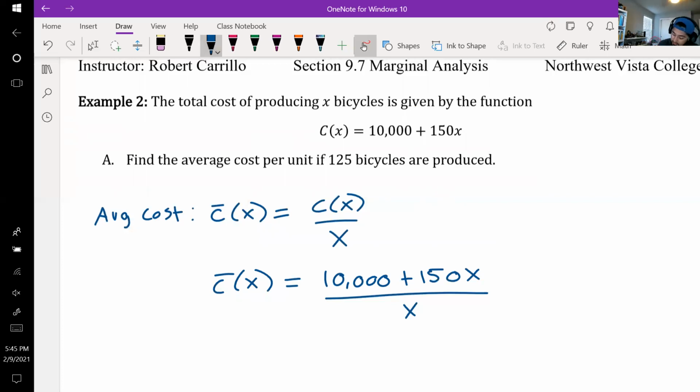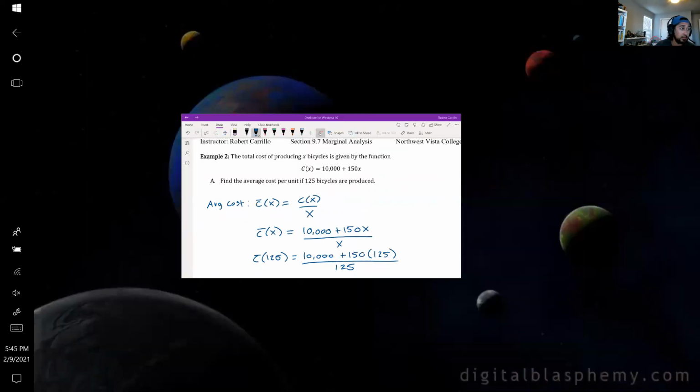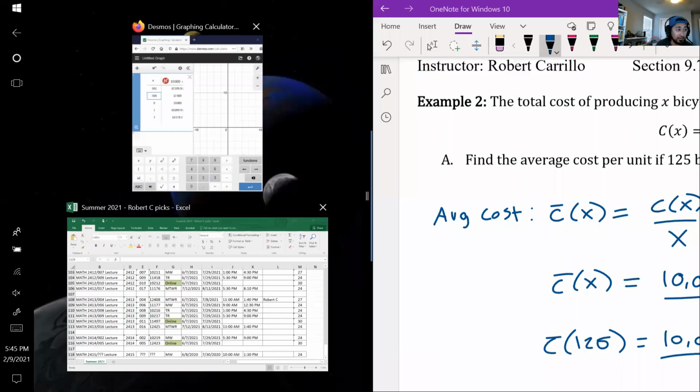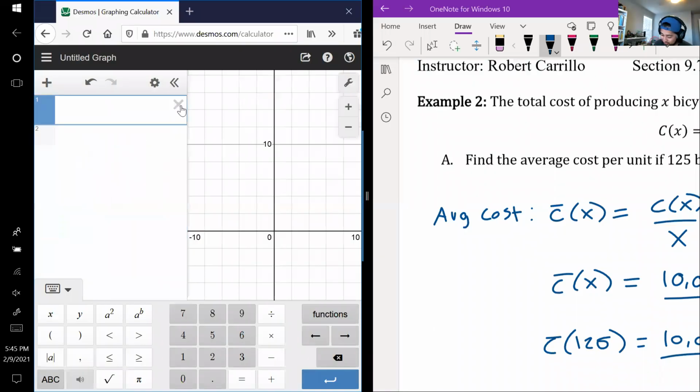So now we just take 125 and you'll get 10,000 plus 150 times 125 all over 125. Okay, let's look at this. Hello? You're here. 230. There you go. You got 230?